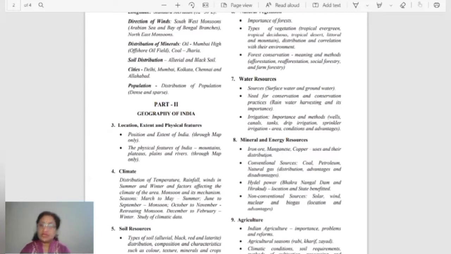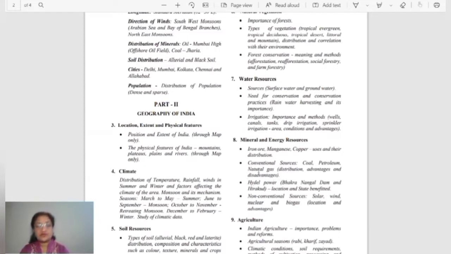Now come to the next chapter, conventional sources of energy. Now what are the conventional sources? Coal, petroleum, natural gas, these are the 3. So you have to cover all these. In the hydel power, you will find there is one option of two dams, and another one is Sardar Sarovar Dam, and that is not a part of the reduced syllabus.